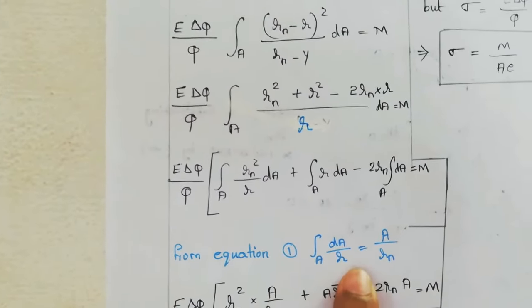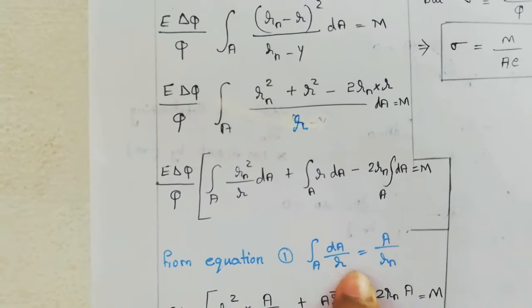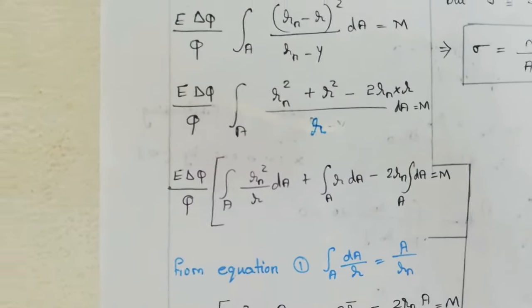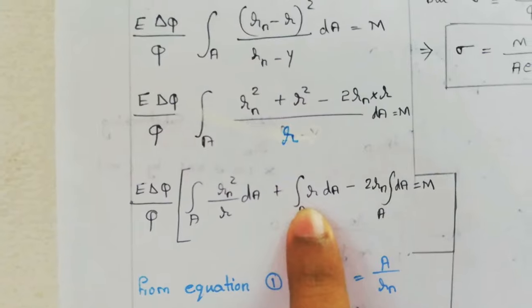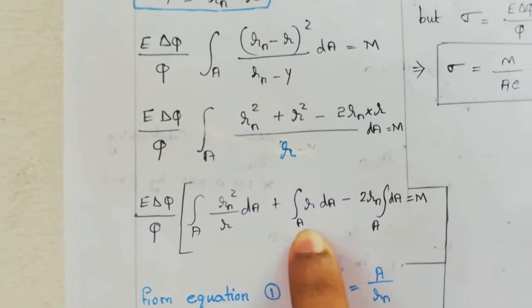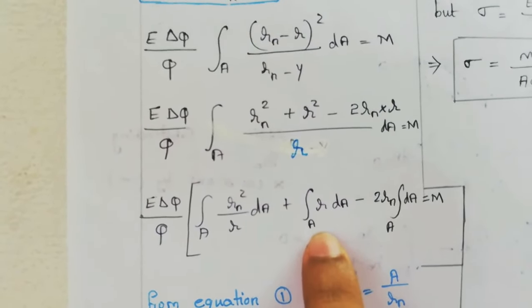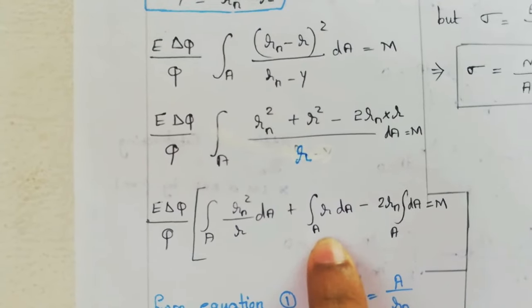From equation 1, we already saw that integral over the area A of dA by R is equal to A by Rn. This is the first moment of area. The result of this is area multiplied by y bar.